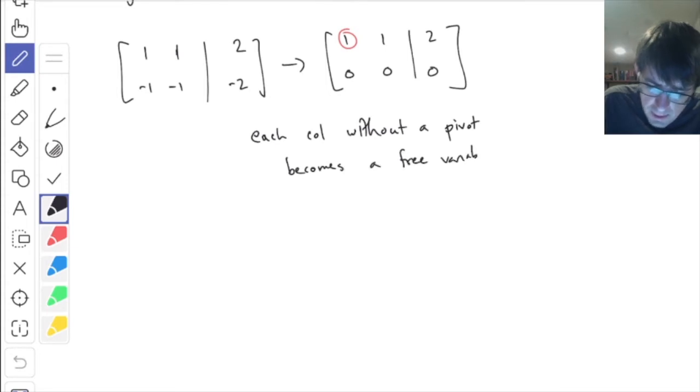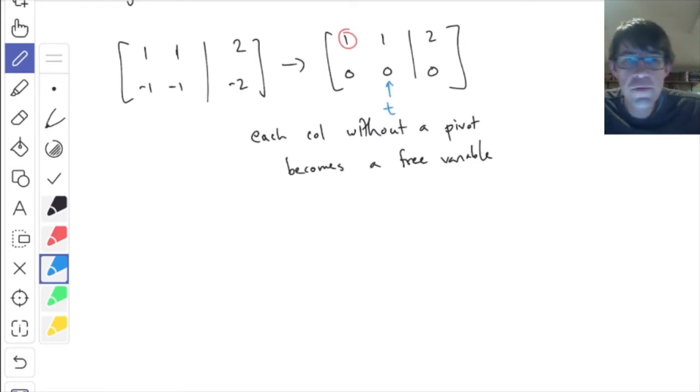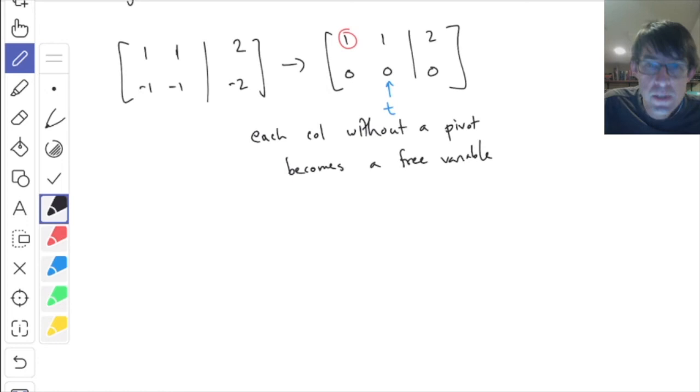All right? And so in this example, this column here is going to be a free variable. I'll call it t. I don't know what your linear algebra book tends to call it. So that column is going to be t. Remember, the first column represents the variable x, and the second represents the variable y from my original system.